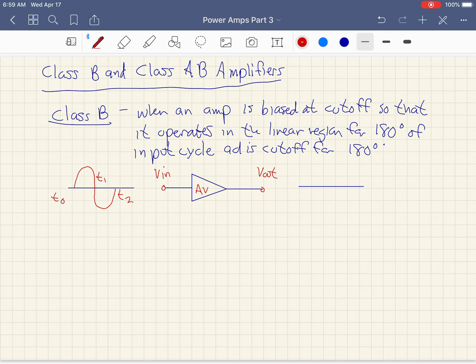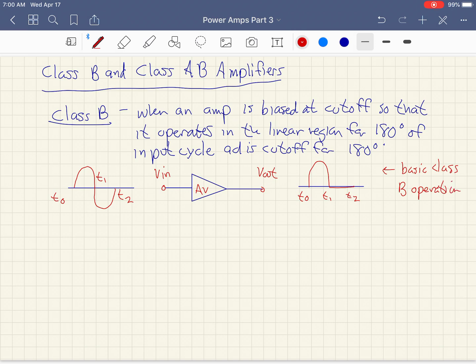Our output looks like this. All we see are the positive half cycles, T0, T1, T2, etc. So this is basic Class B operation.